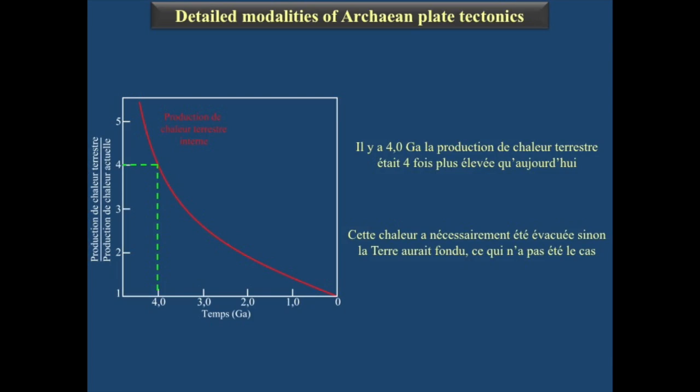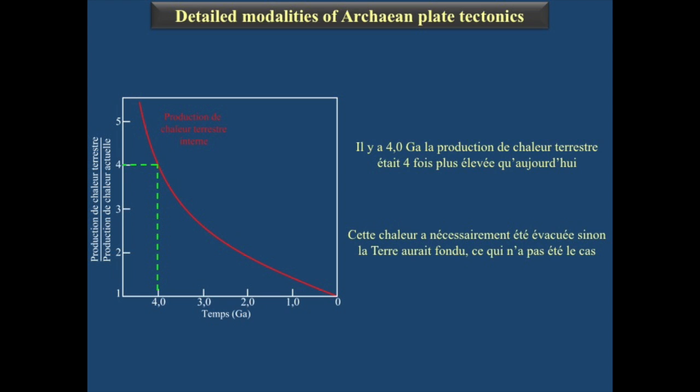So I will finish now with this aspect. Okay, there was plate tectonics, but the plate tectonics was slightly different than plate tectonics today. For instance, if we consider that at 4 billion years, the internal heat production was 4 times greater than today, what we know is that this internal heat was released somewhere.